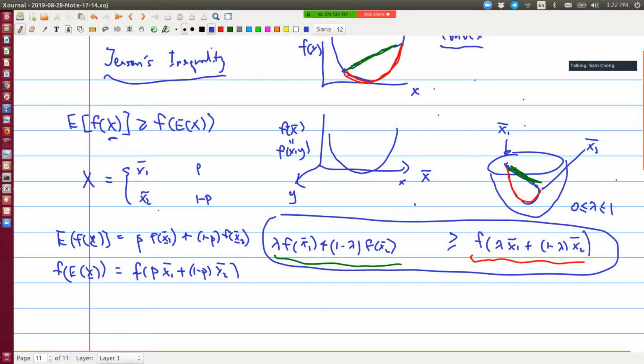Basically, if you have three points, let's say x equals x1, x2, and x3, with probabilities p, q, and 1 minus p minus q, then you have the three-point case. Again, if you do a linear interpolation, I'm not going to go through that, but if you think of f of the expectation of x, it will be some point inside this region, depending on how your x and your p, q are distributed. So f of the expectation of x will be some point here.